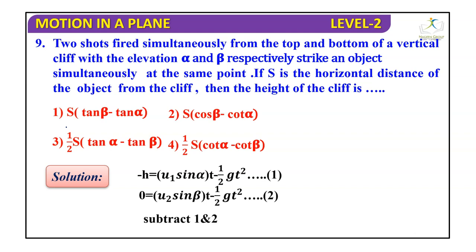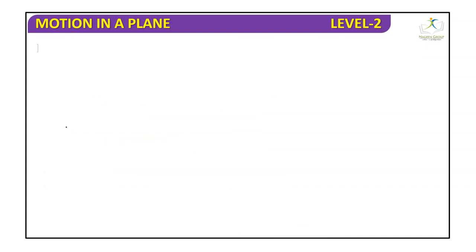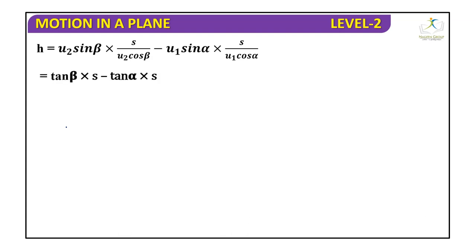When we subtract equation 1 from 2, we get the value of t, which is equal to s by u1 cos alpha, equal to s by u2 cos beta. So h is equal to u2 sin beta into s by u2 cos beta. We just put this value and get this result, which is option number 1.